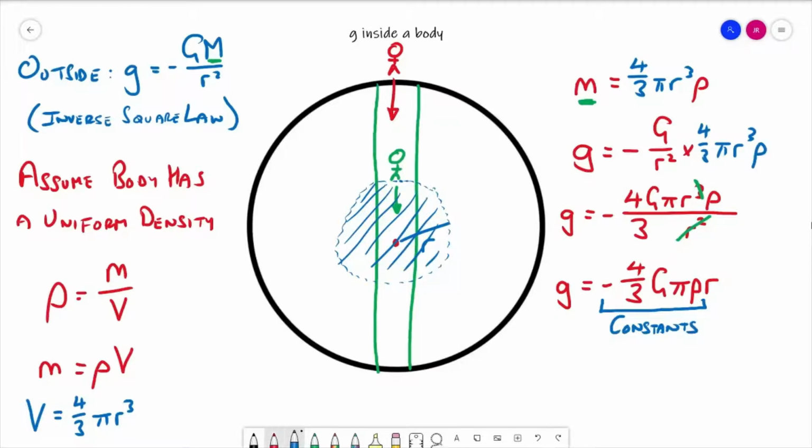And therefore what we're left with is that the gravitational field strength is proportional to the distance from the centre of the planet. And you can see that there's no other indices appearing here. It's just nice and simply g is proportional to r, and therefore we have a linear relationship.